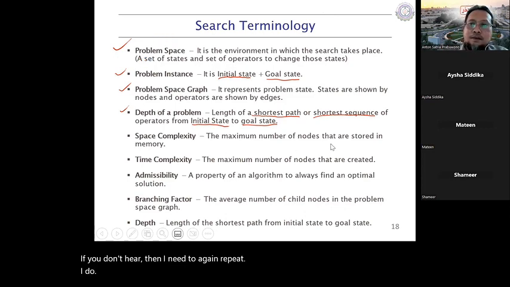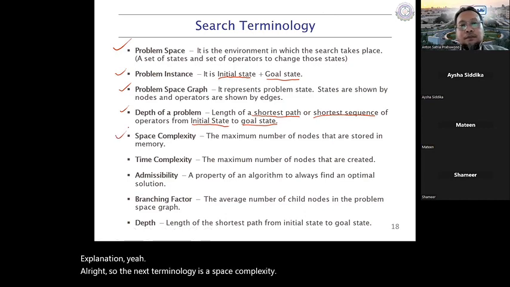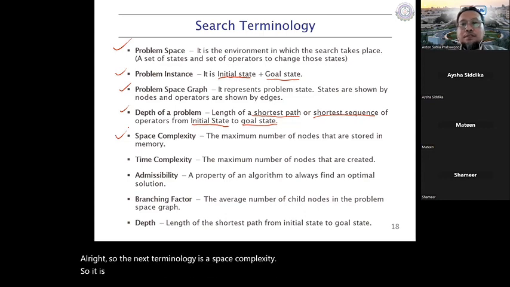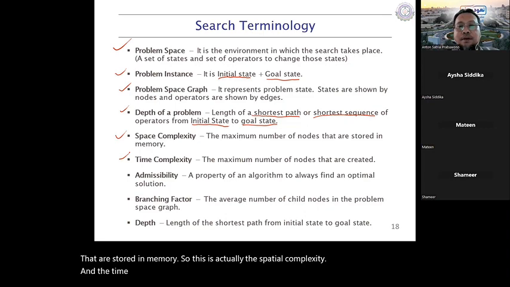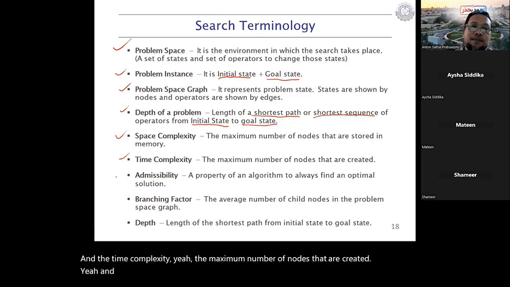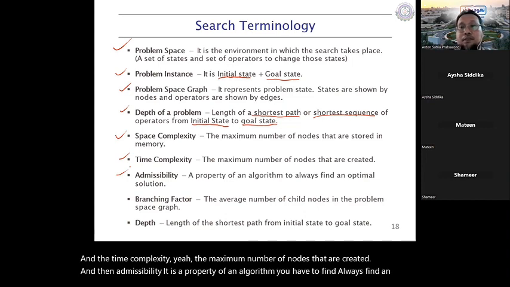explanation. All right. So the next terminology is space complexity. It is the maximum number of nodes that are stored in memory. And the time complexity is the maximum number of nodes that are created. Then admissibility is a property of an algorithm to always find an optimal solution.